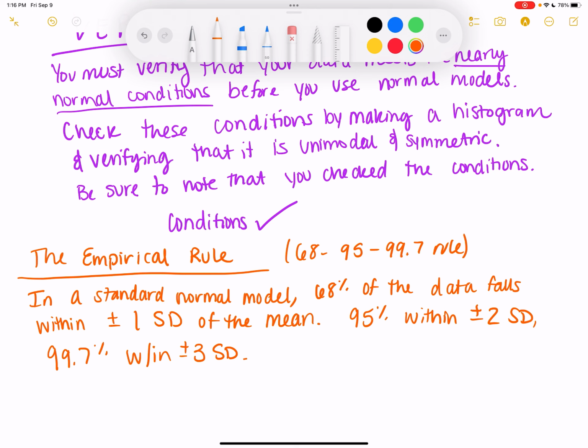Oh yeah, we did this in, I want to say, chemistry. I think the empirical rule in chemistry means something else. Yeah, there's an empirical rule in chemistry, but it means something different. I'll have to ask Miss Marshall.